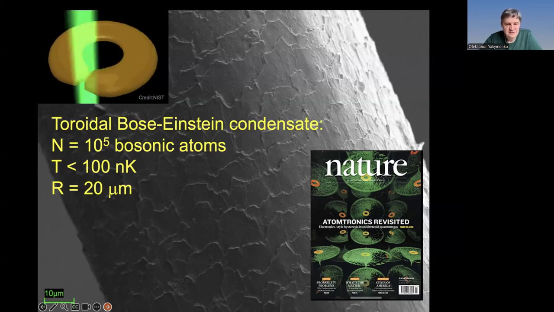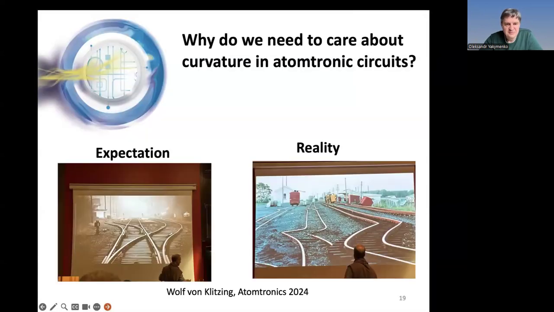I will discuss, as I promised, matter wave waveguides, but these waveguides can be curved. And why is it important?